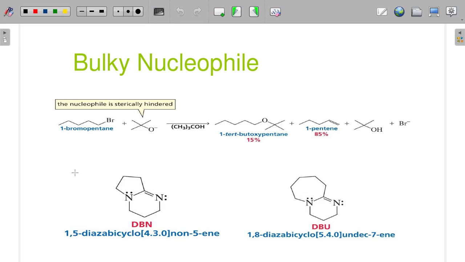Bulkiness is almost like tertiary, and a bulky nucleophile favors elimination. It's such a cool feature that we have these two weird nucleophiles that are very basic and very bulky. These will almost never do substitution. These are almost guaranteed to create an elimination product.